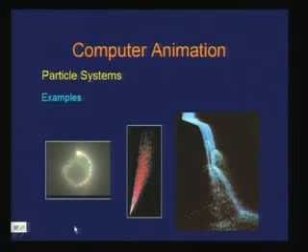So this is also some sort of a comet. This is a waterfall, right? So this is all synthetic, by the way. There is no real picture here. All the particles are being generated at some source.